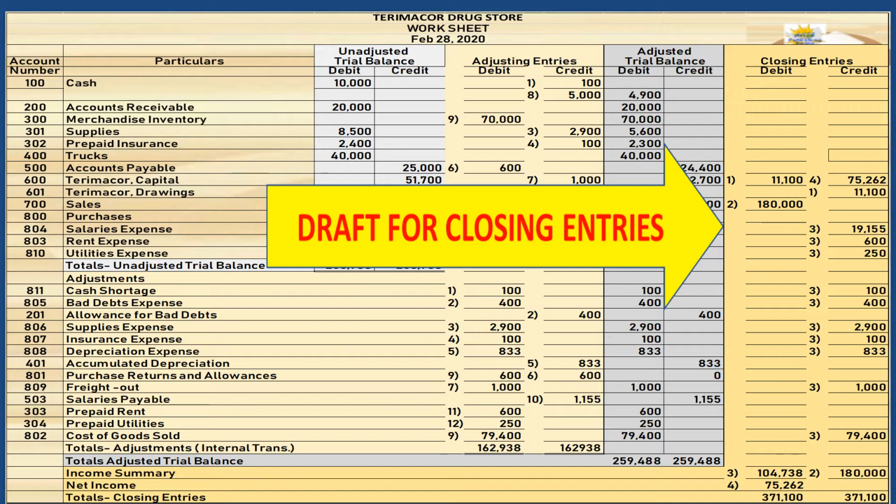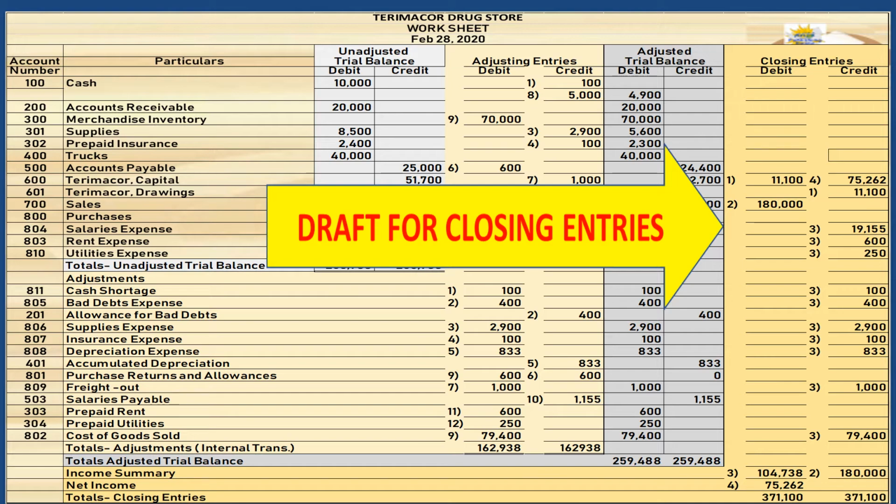The preparation of the closing entries should have been the next step in the accounting cycle. But the preparation of the closing entries is delayed until the final financial statements are prepared, to make sure that when closing entries are made to the books of accounts, there would be no more adjustments.